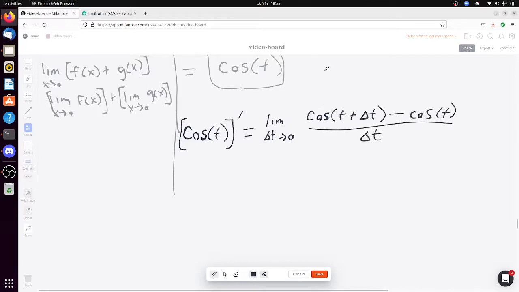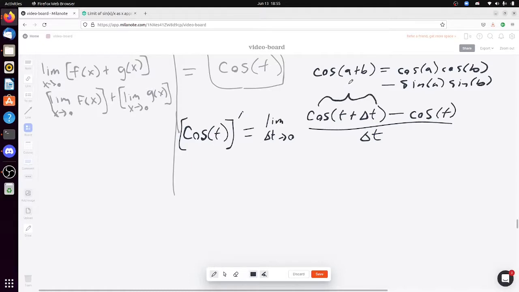And we're going to use a similar formula here. The formula is actually a little different with cosine. So the formula is cosine of a plus b equals cosine a cosine b minus sine a sine b.